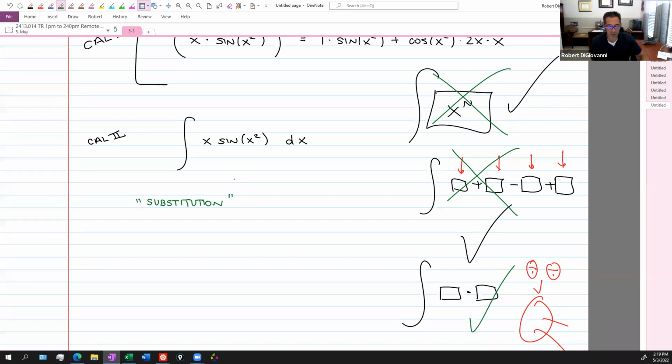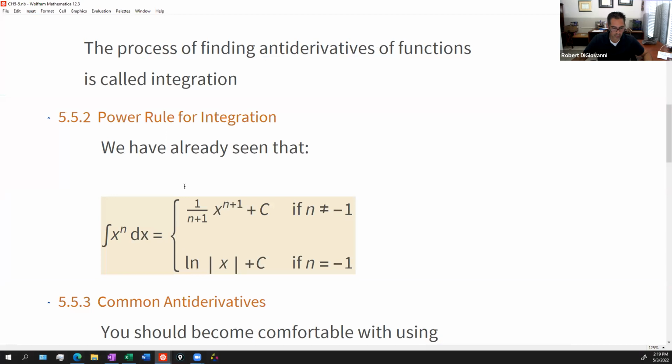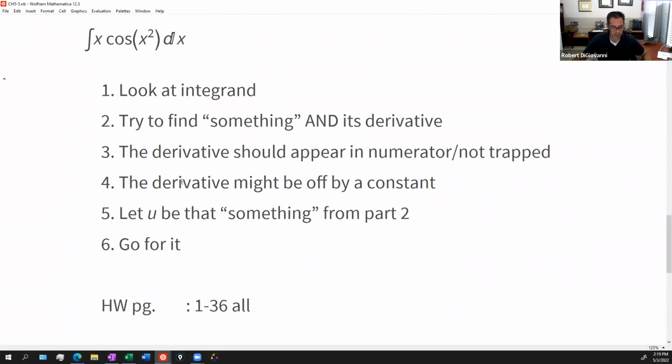So here's the way substitution works. I wish there was a set of steps, everyone, but there's not really a set of steps. I actually have the steps written down here. Hold on. Here it is.